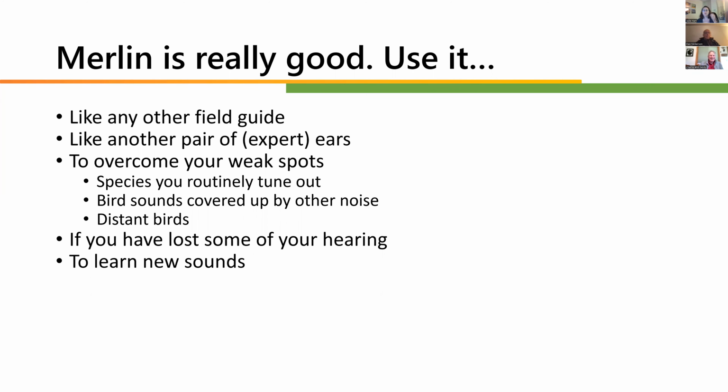So the way that it works is you can start the Merlin app and then you can go into Sound ID and you can start hitting the record button and then you just aim it at whatever it is that you're listening to or just aim it into the air around you. And it will identify the birds that it's hearing in real time.